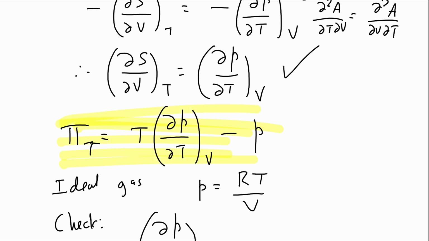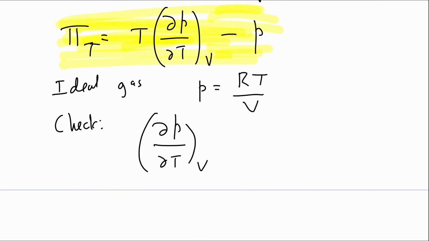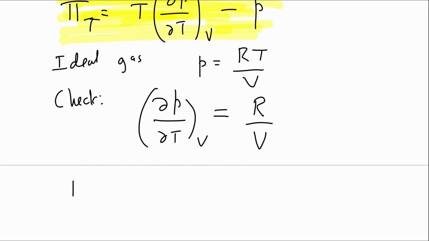That's the answer in general. You can go back to the van der Waals gas and confirm that if you want, but let's check it for the ideal gas. Take the derivative of P equals RT over V with respect to T at constant V, and I get R over V. So pi sub T is T times R over V minus P.